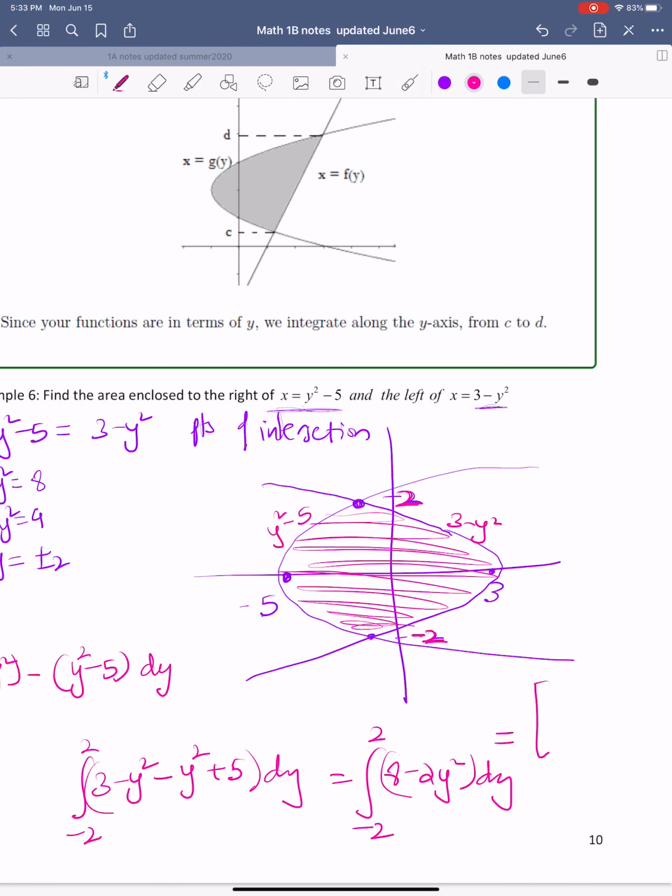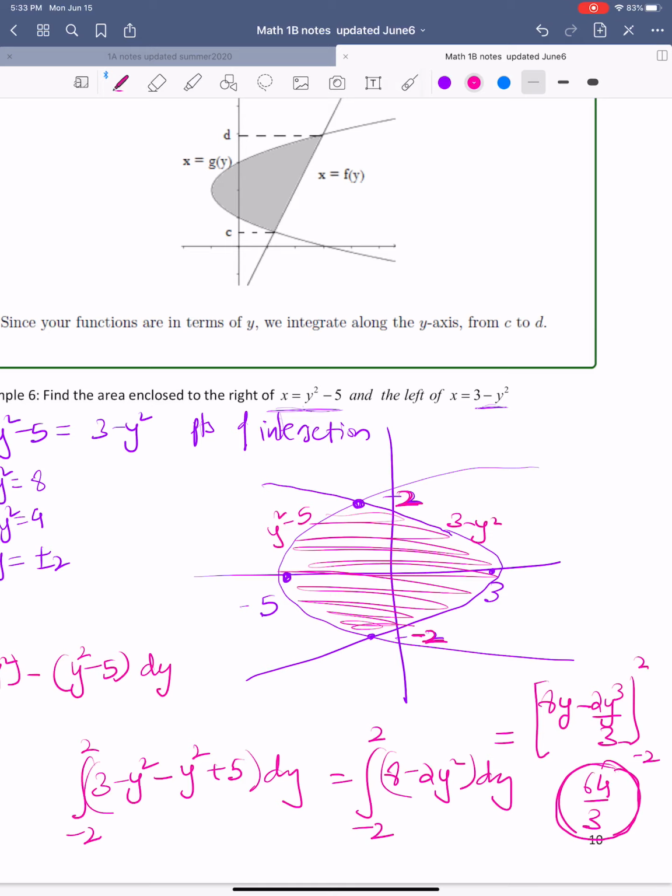This would come out to be 8y minus 2y to the third divided by 3, with bounds negative 2 to 2. When you plug the values in and simplify, it would be 64 divided by 3. That's going to be the area between the two curves.